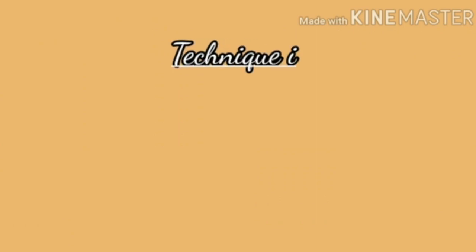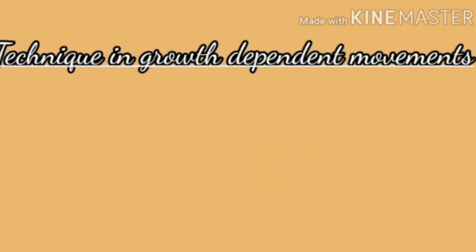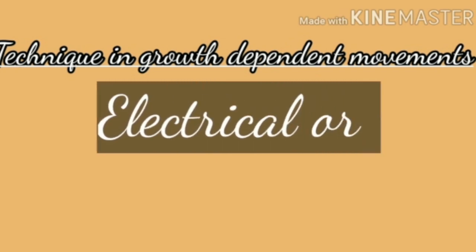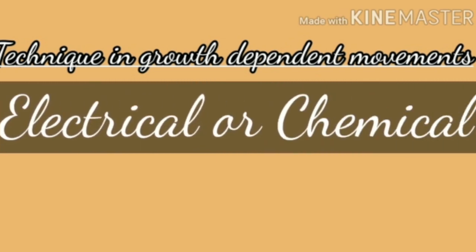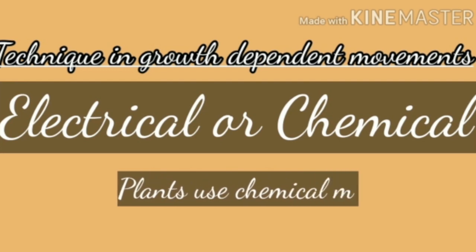Now the question arises, how is this information transmitted in the body of plants? As we know, information is transmitted either by electrical or chemical means. As plants do not have a nervous system, there is no electrical means of communication in plants. So plants use chemical means of communication.